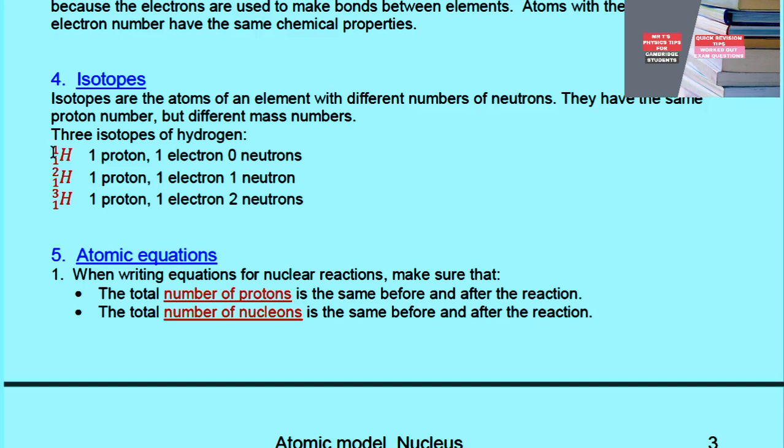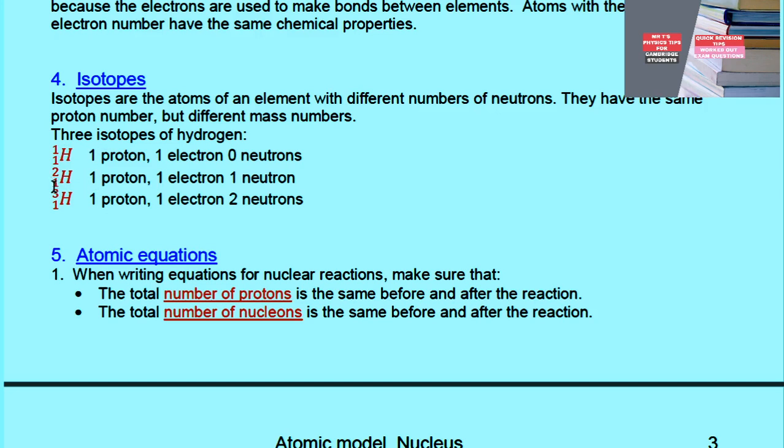Remember, subtract the proton number from the nucleon number to get the number of neutrons. The nucleon number is 1, which means protons plus neutrons is equal to 1. And the one below is the proton number, which means there are no neutrons there.